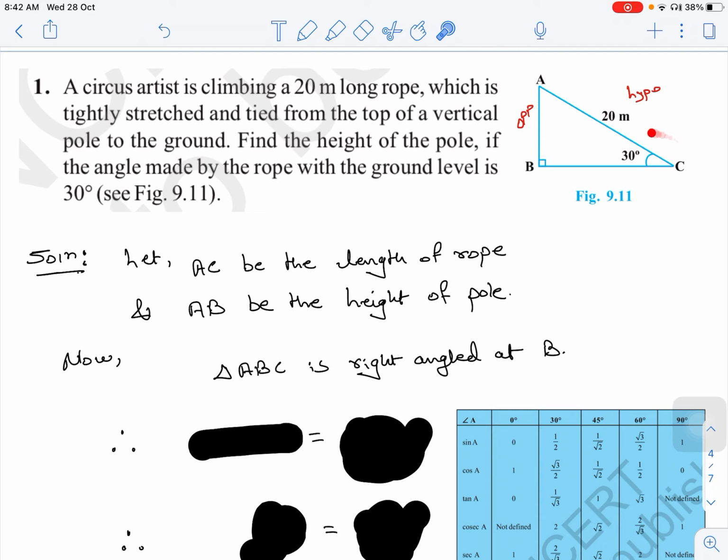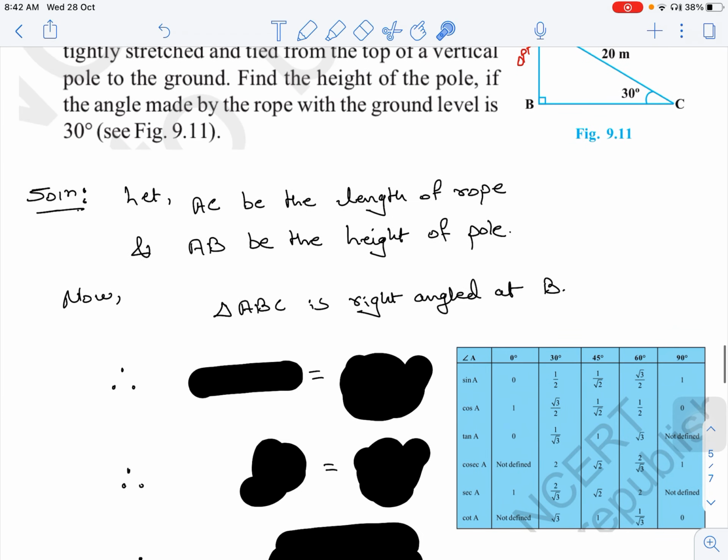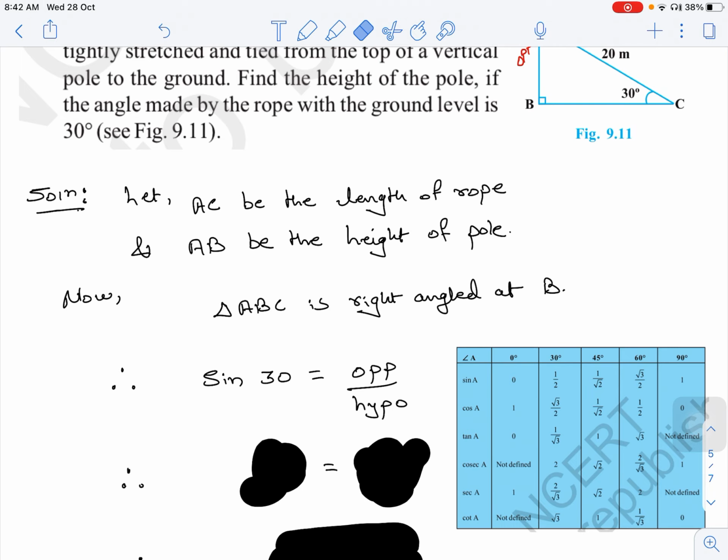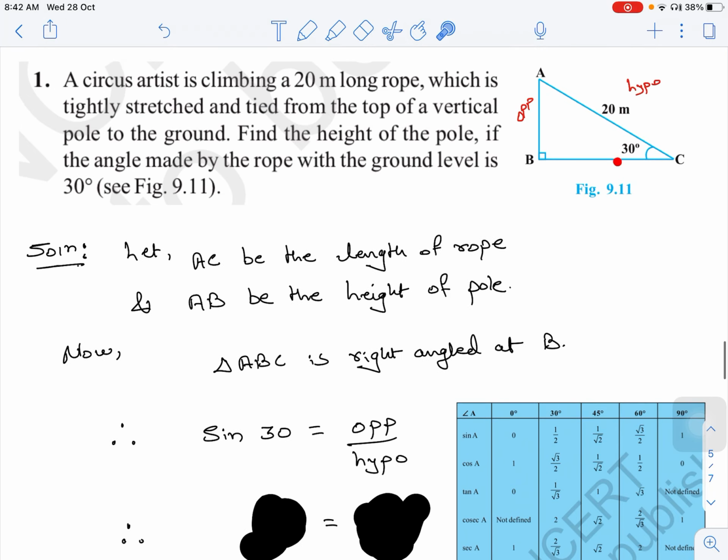For this angle, which ratio gives opposite upon hypotenuse? We know that sine theta is opposite upon hypotenuse. So we mention here that sine theta equals opposite upon hypotenuse. Now, instead of theta we have the angle 30, so sine 30 equals opposite upon hypotenuse.